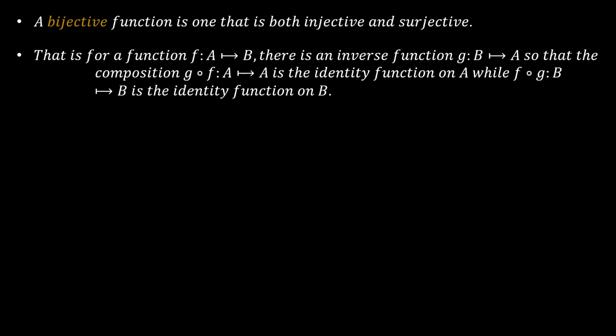That is, for a function f that transforms items in the space A to space B, there is an inverse function g that transforms all items from B to A, so that the composition g f of A to A is the identity function on A, while f g of B to B is the identity function on B, right? That is, g is an inverse function of f, and f is an inverse function of g.